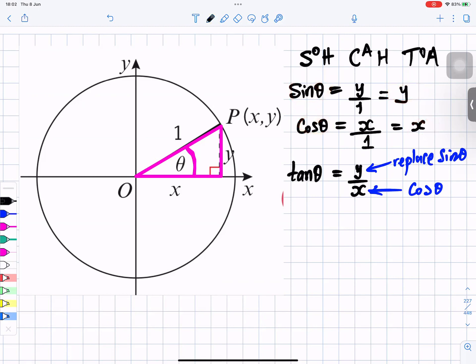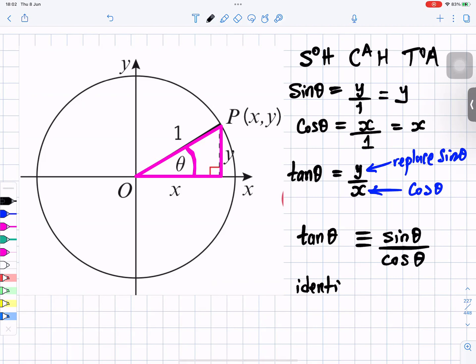Does that make sense? Yes. So we can have our first identity. Tan theta, 1, 2, 3 lines, is identical to sine theta over cos theta. Those 3 lines, you know what they stand for? Yes. It's the same as.